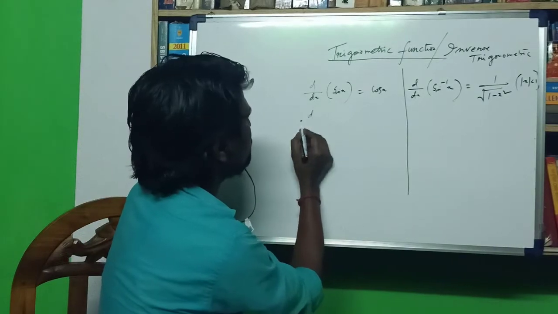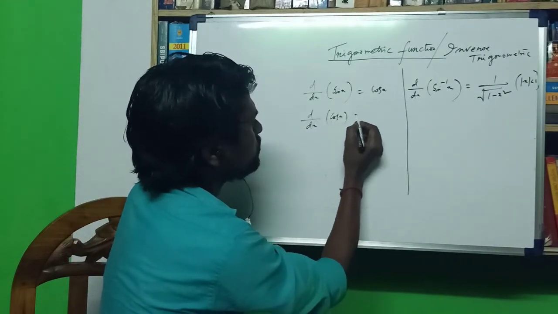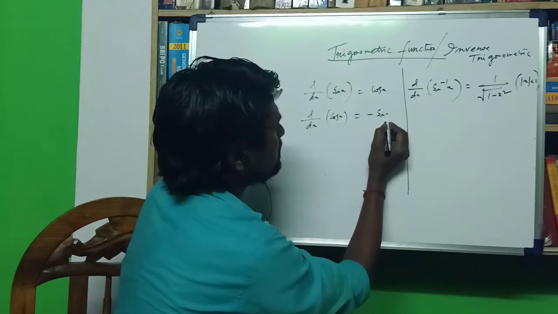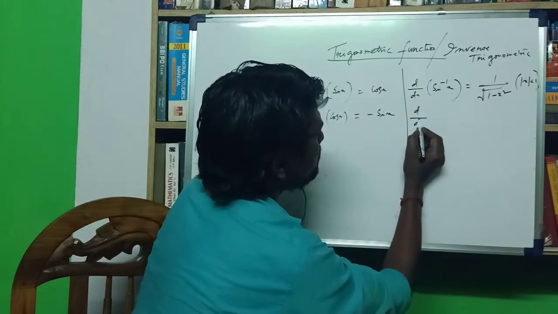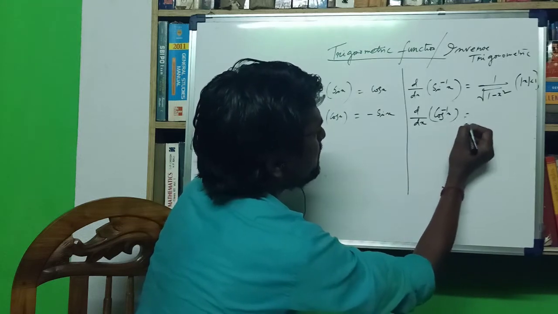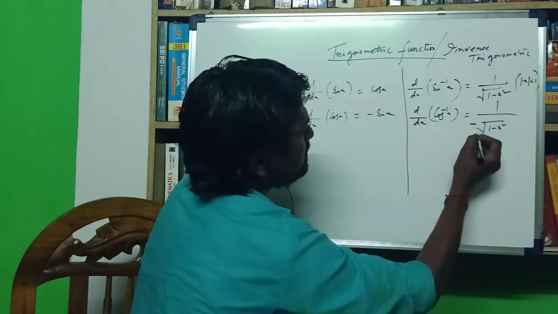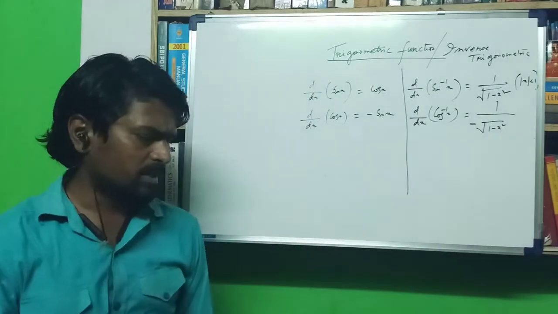Again d/dx of cos x equals minus sin x. But if it is given d/dx of cos inverse x, then it is 1 by root over of 1 minus x square, but with a minus: minus of 1 by root over of 1 minus x square.